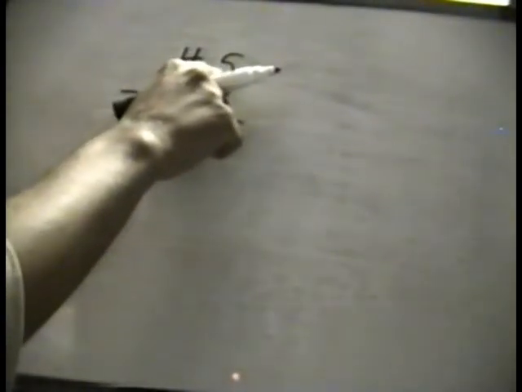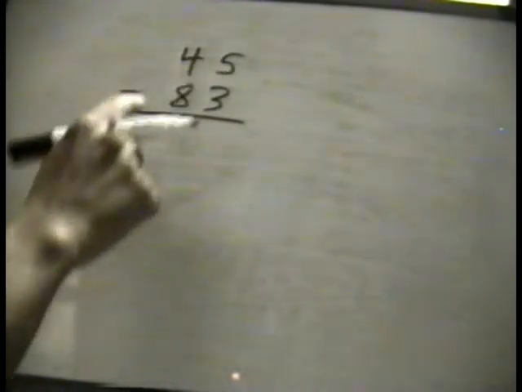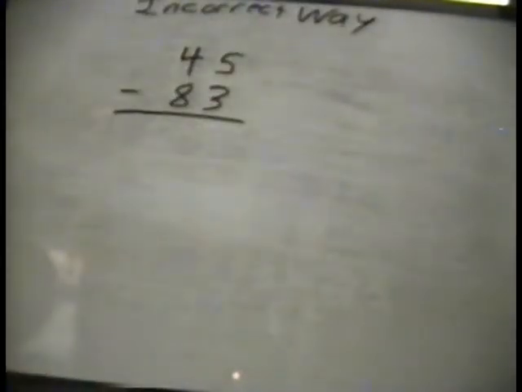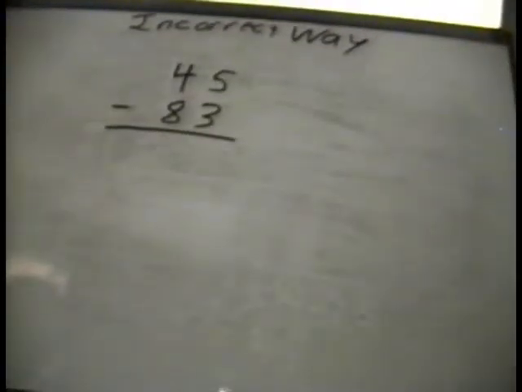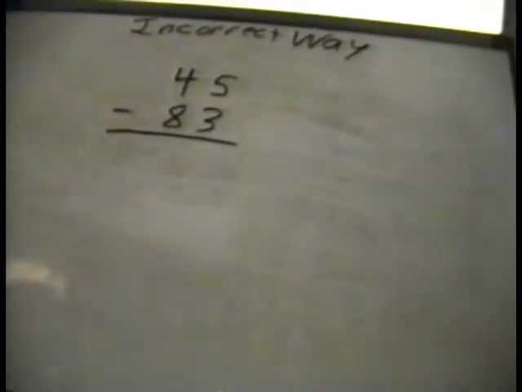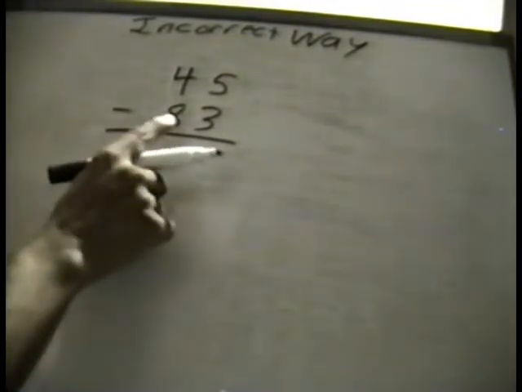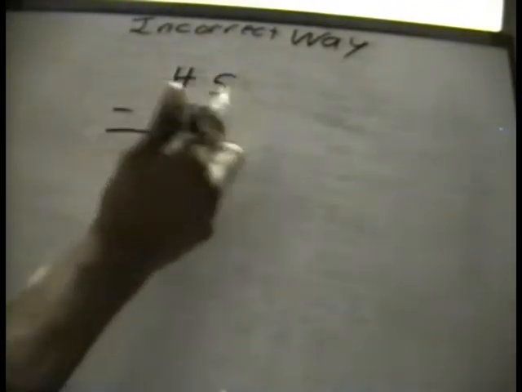Now, you can't just say 3 from 5. Okay, then we take 8 from 4. Because what you're going to end up with, I'm going to write this right now, this is the incorrect way to do it. I'm going to show you the incorrect way first.